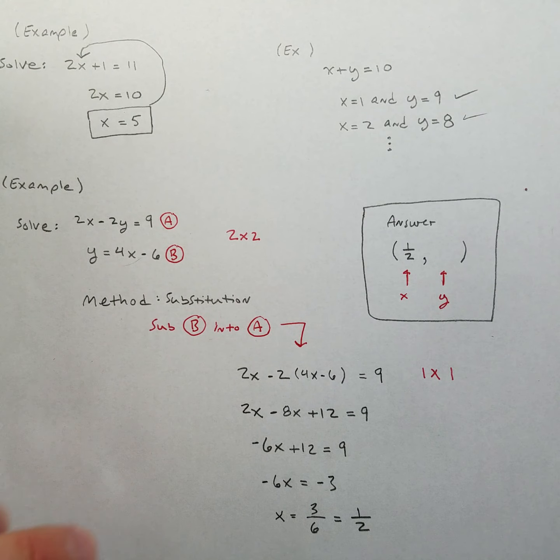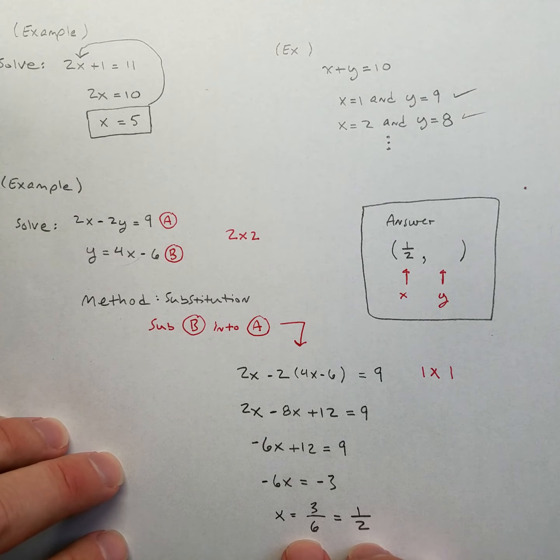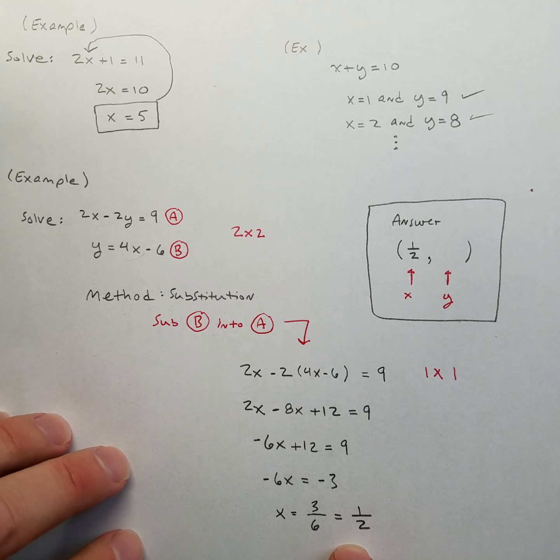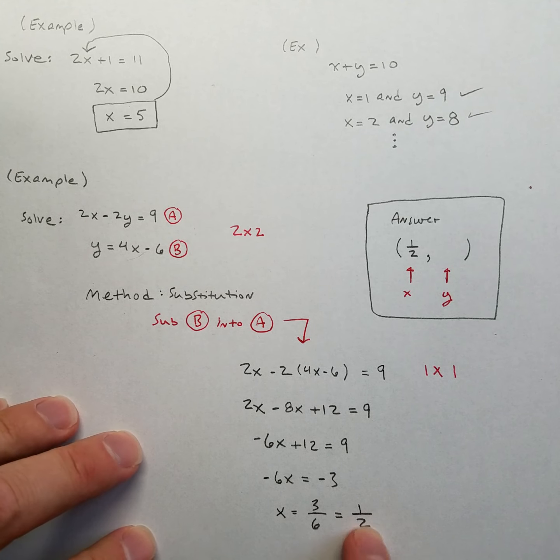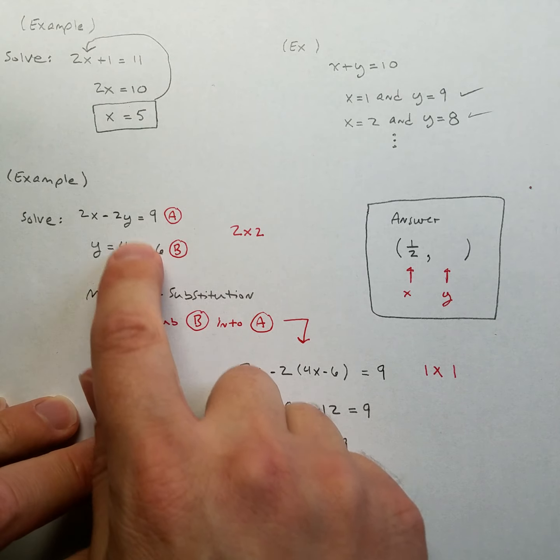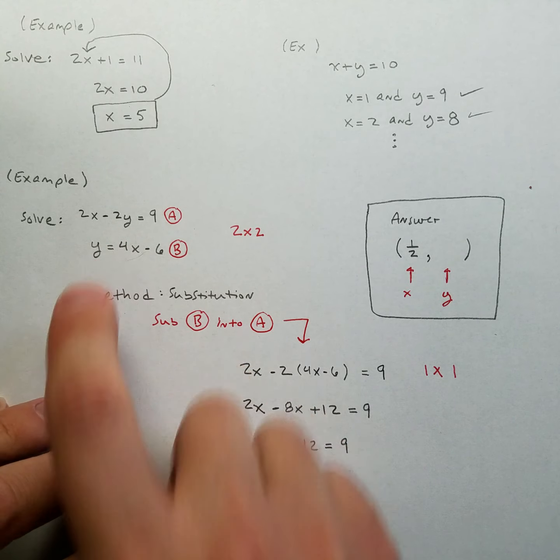Now how do you think you could find the y from here? Well, the method at this point is called back substitution. We take this answer, the fact that x has to be a half, and we look back earlier in the problem for some way to substitute that somewhere and figure out what the y is.